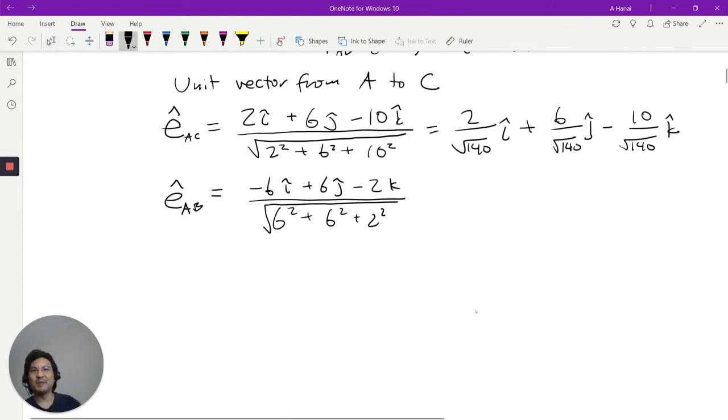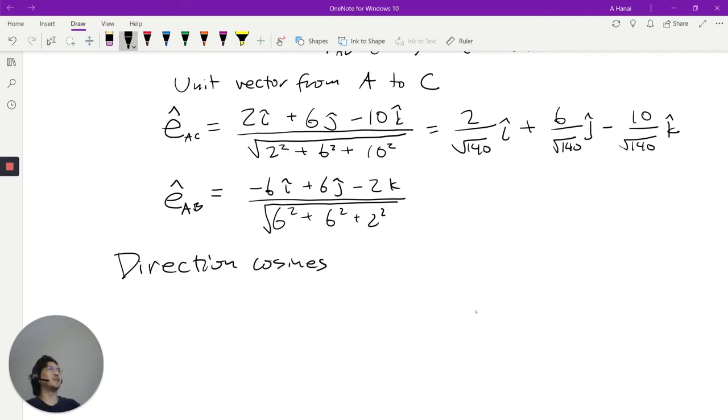Now some vocabulary: there's something called direction cosines. I'll just write them down.